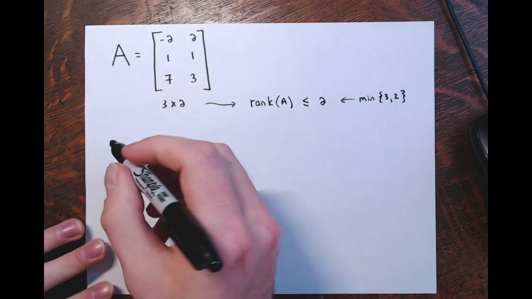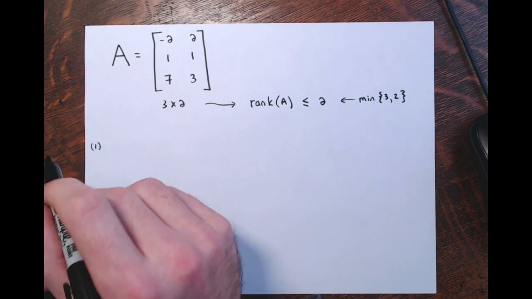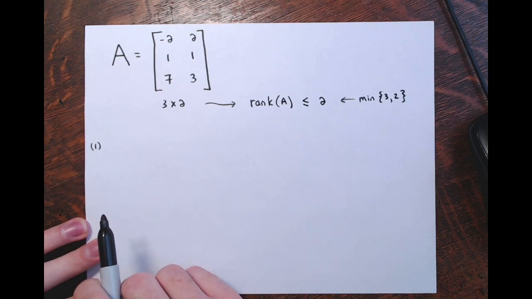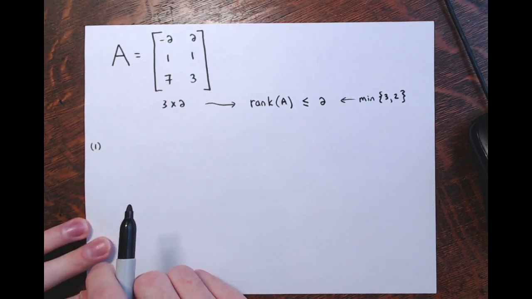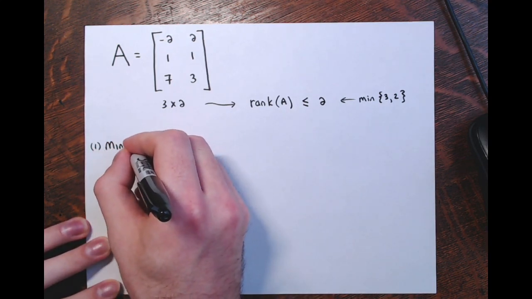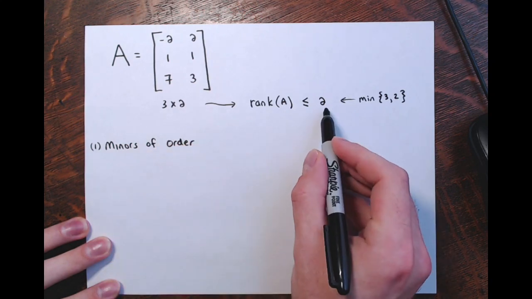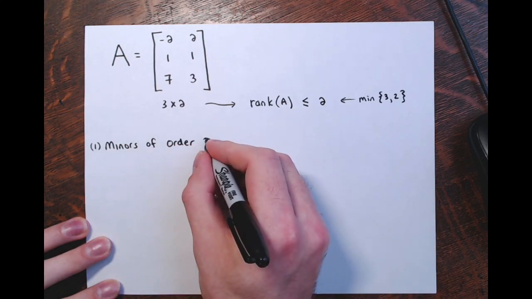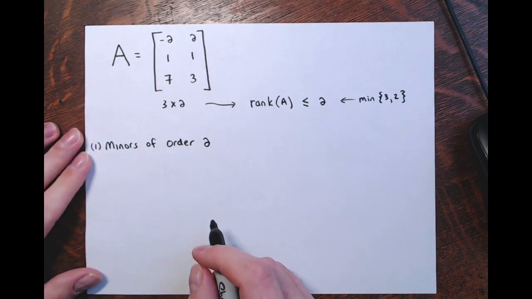Now again, this is the alternate method, finding the rank of A using these determinants, these minors. So I'll start with the minors of order 2, the maximal number here, and see if we can find any non-zero minors of order 2.